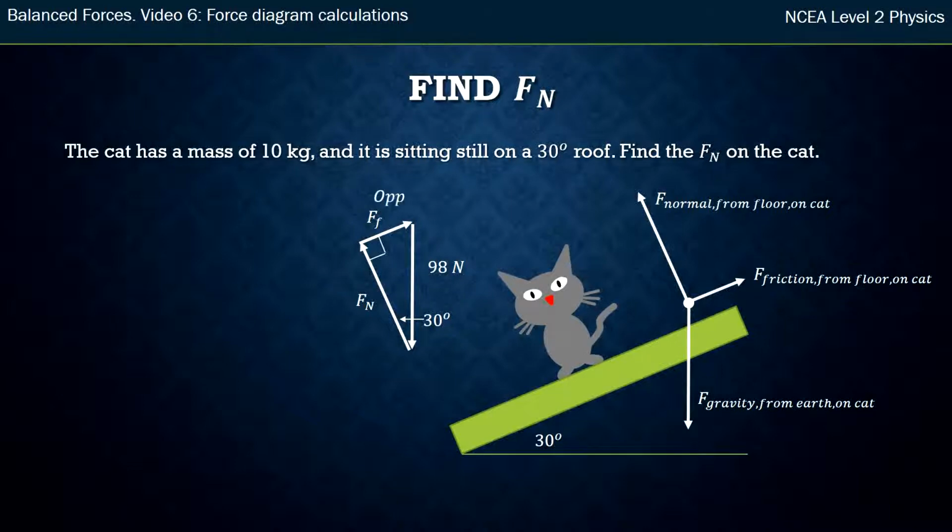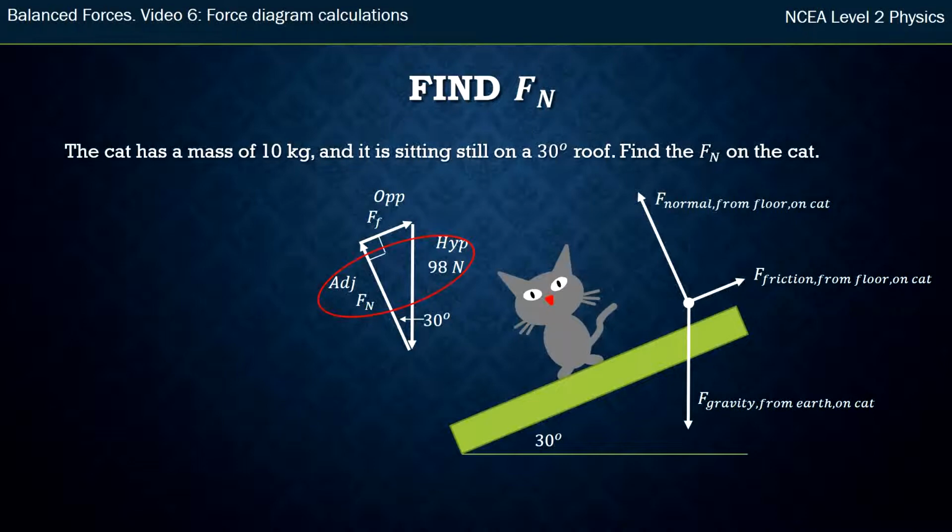Whenever I do trig, I label all sides of the triangle. That's opposite the angle, because the angle is the 30 degrees, adjacent to the angle, and the hypotenuse is always the longest side. If it's not clear where that is, the hypotenuse is always opposite the 90 degrees. I've got my hypotenuse, 98 newtons, and I want to find the normal force. That's what the question's asking me. So I've got my hypotenuse and adjacent.